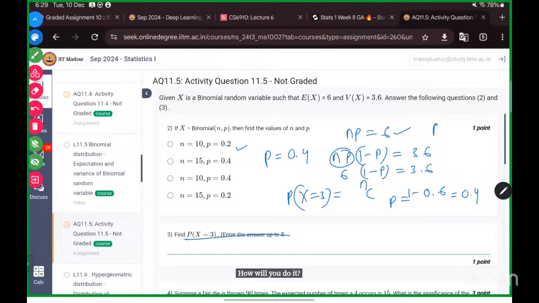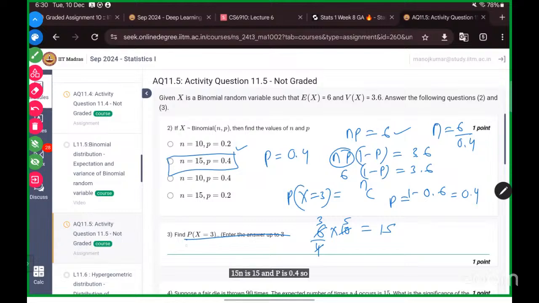So n you have to find, right? So 6 divided by 0.4, correct? That is 6 divided by 4 into 10, so this is 3, this is 5, so 15. So n is 15 and p is 0.4.